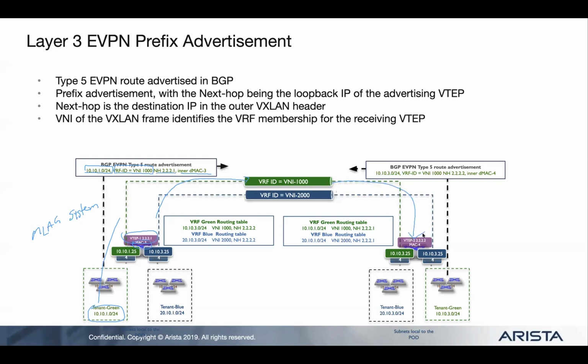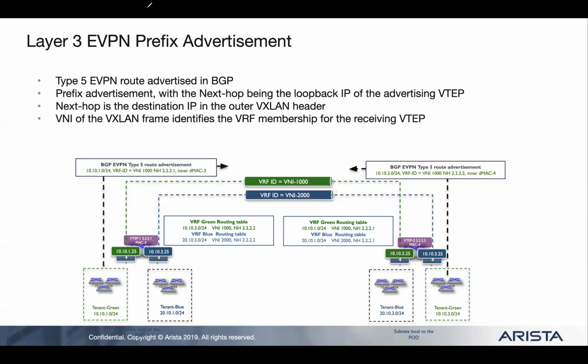Once you receive this route, you will install that into your VRF. So basically it will be installed as 10.10.1.0 with VNI 10,000, next hop is this VTEP IP, and the MAC is also there. Is there any question?